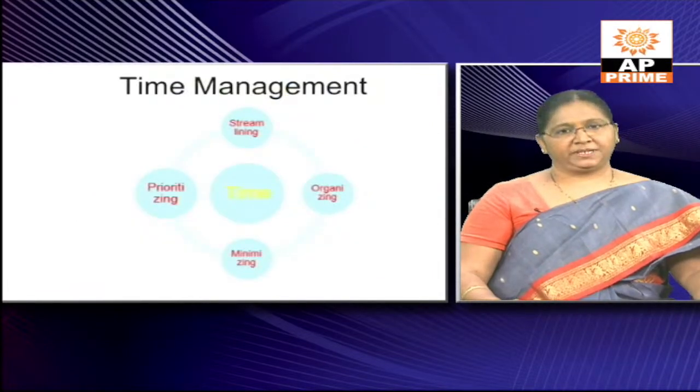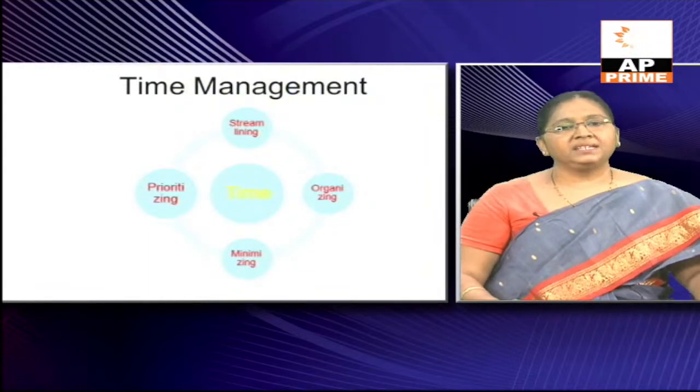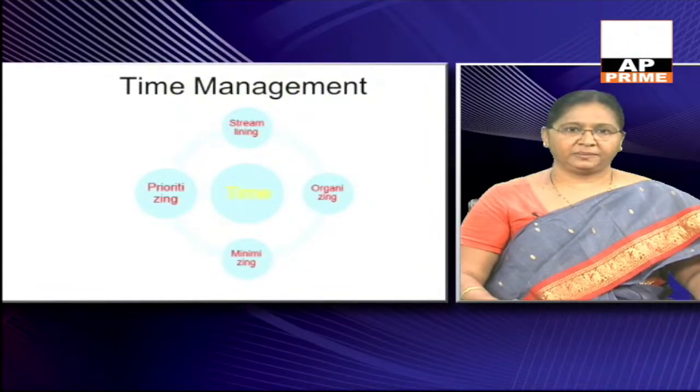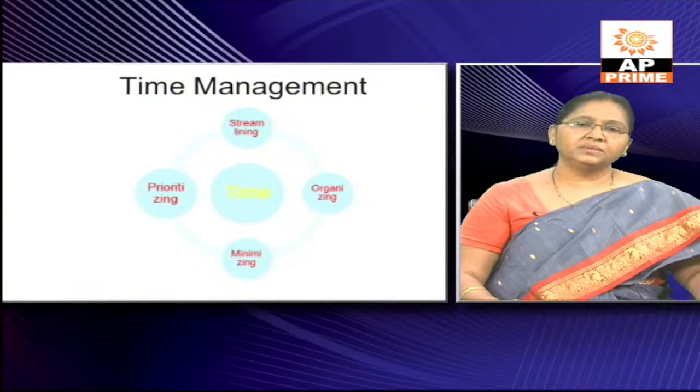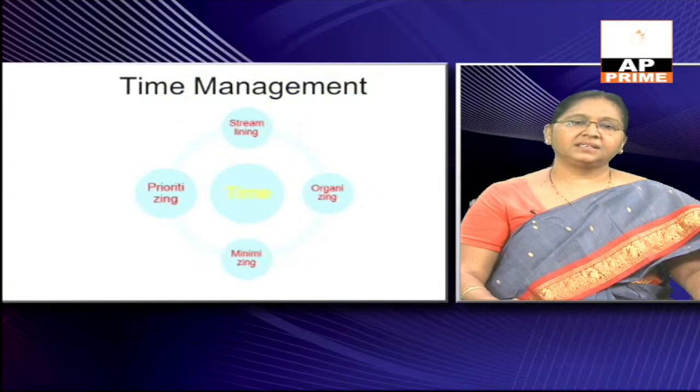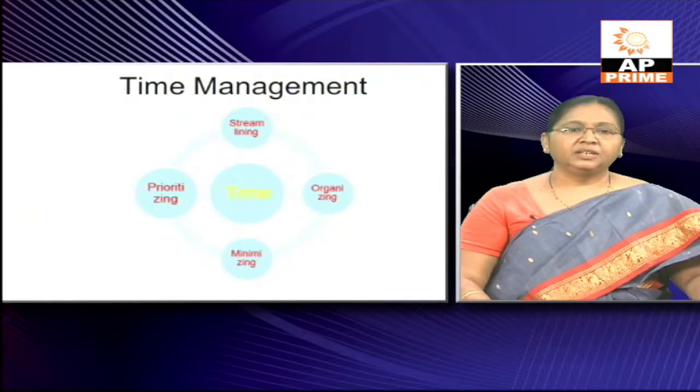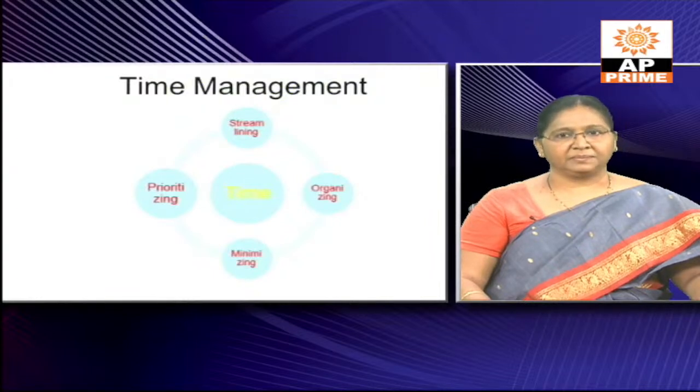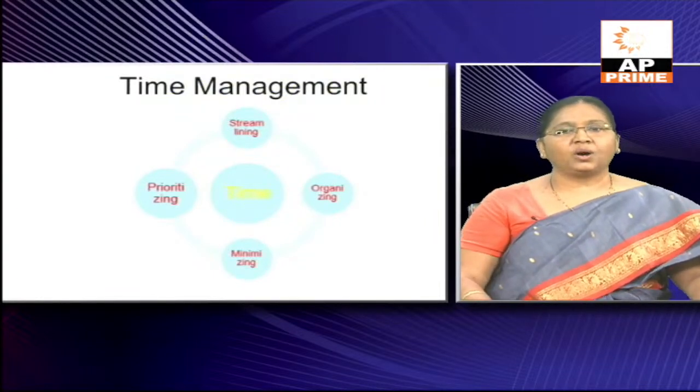Time management. A person who can manage his time well is a successful person. A person who all the time keeps on telling that I don't have time is an unsuccessful person. The basic thing you need to learn is how to manage time. So first is organizing.